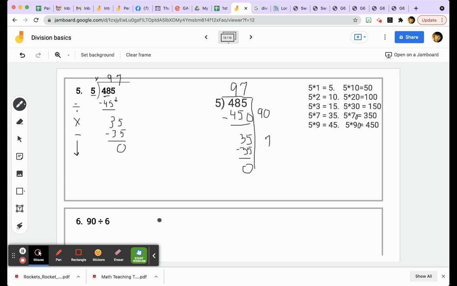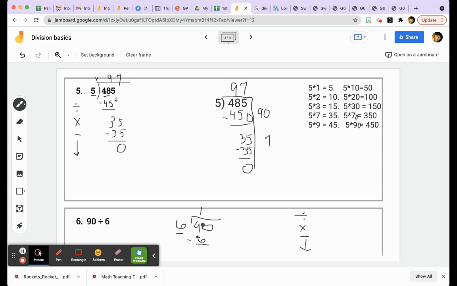So now for this last one, I'm going to rewrite this. Okay, and I'm going to use the standard algorithm. Divide, multiply back, subtract, bring down. So I'm going to look at 6 and 9. 6 will go into 9 one time. 1 times 6 is 6.